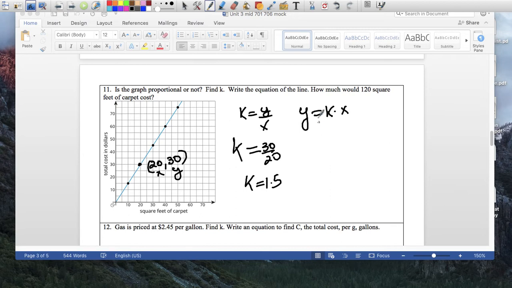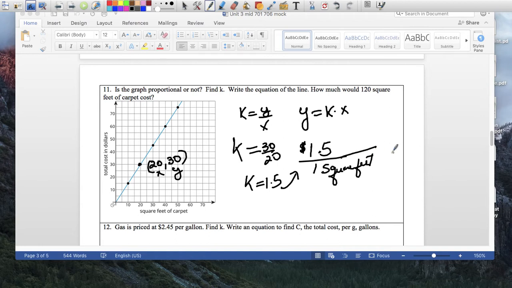So if I had 120 square feet of carpet, how much would it cost? The unit rate here is $1.5 for 1 square foot. And remember, from k we can go straight to the unit rate.